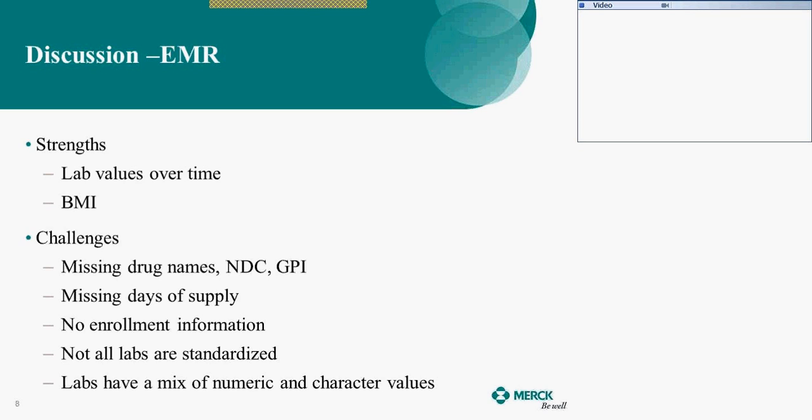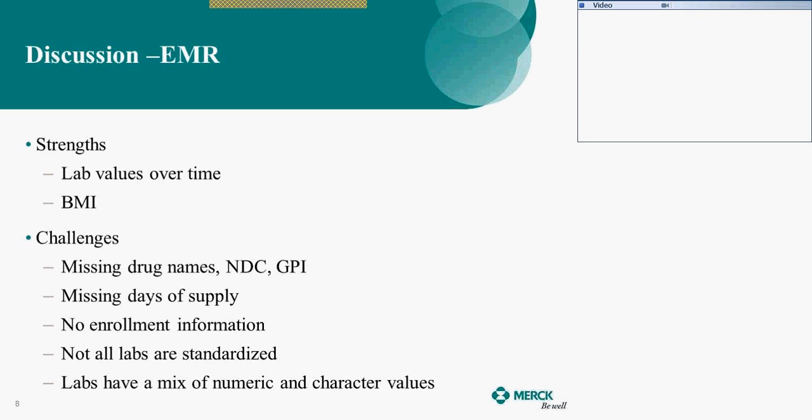So it might be useful to identify drugs using all possible options. I think days of supply is common in both claims and EMR. The most important issue for EMR is that we don't have enrollment information, so you have to use some sort of algorithm to estimate continuous eligibility and continuous follow-up.